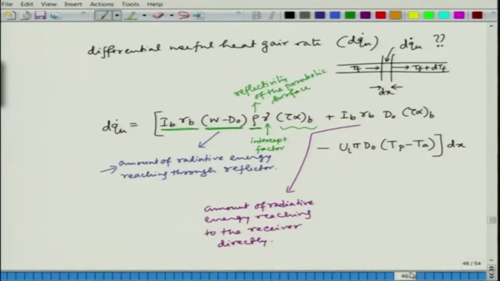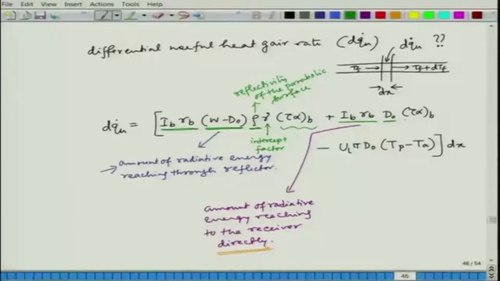So, this is the direct portion, and here again we see that IB RB, the tilted surface intensity, will be there, and then d naught is the width of that particular receiver tube, and then again the tau alpha b, the effective transmissivity absorptivity product.